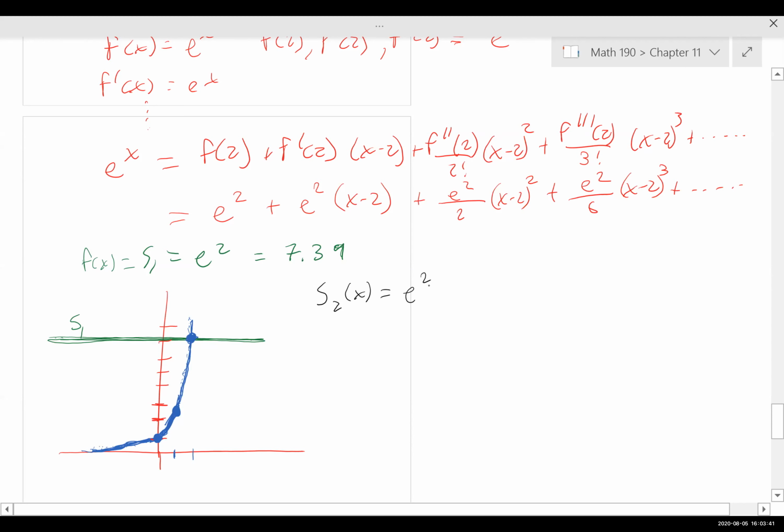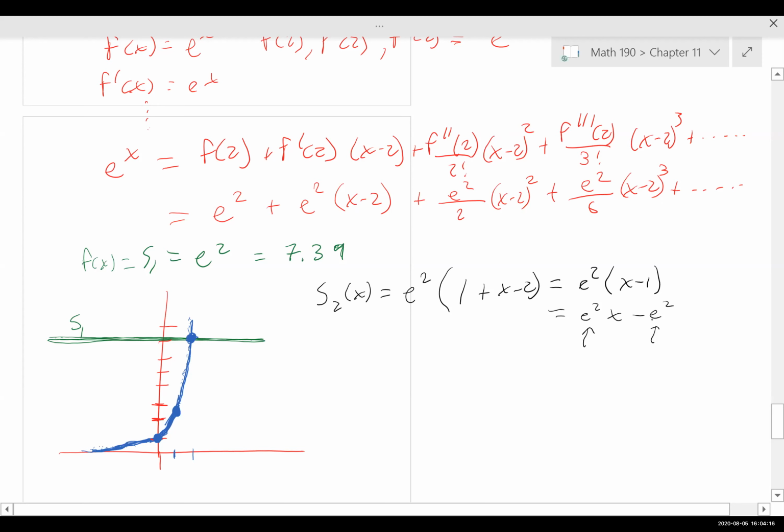Well, it's e squared times 1 plus x minus 2, which is just e squared times x minus 1. Isn't this a line, e squared x minus e squared?